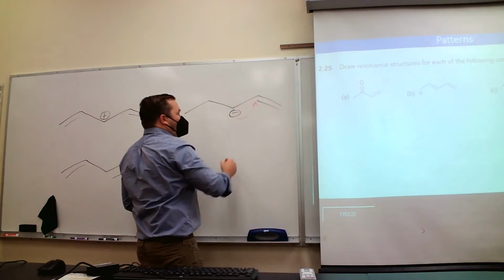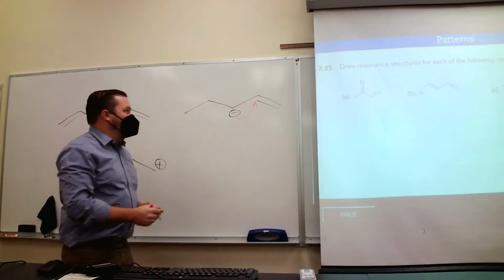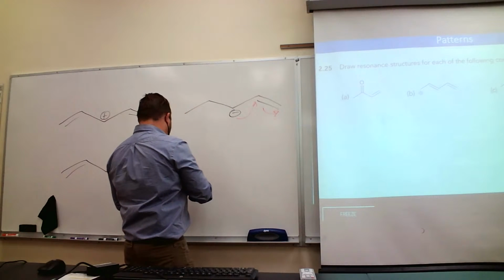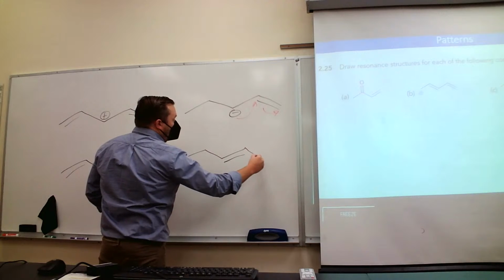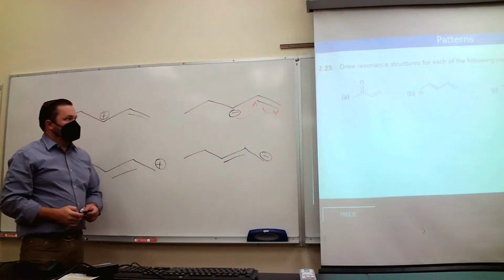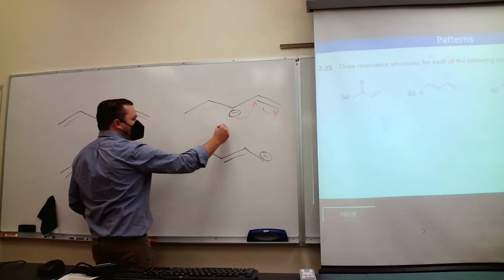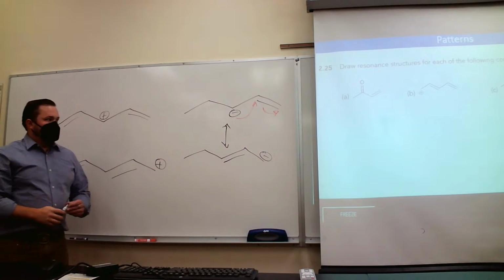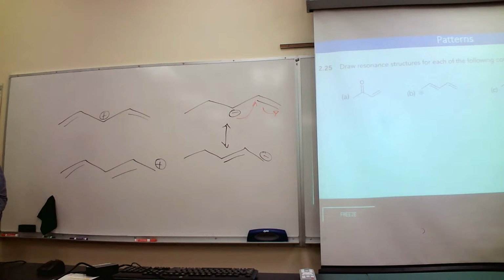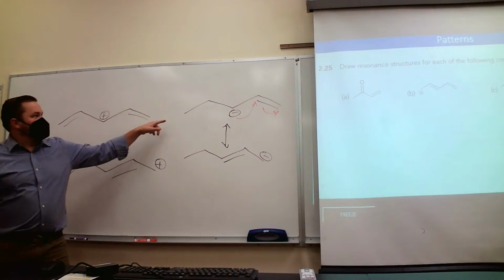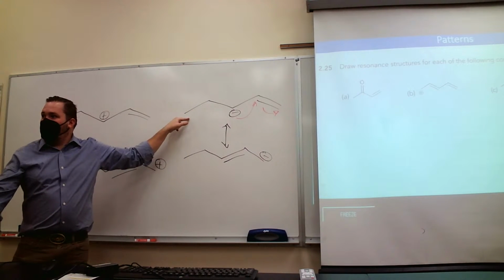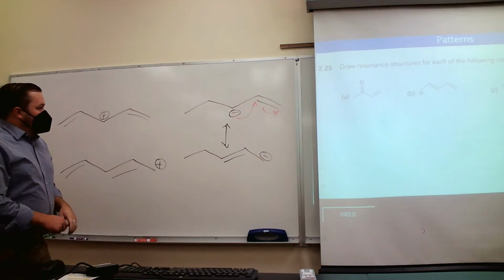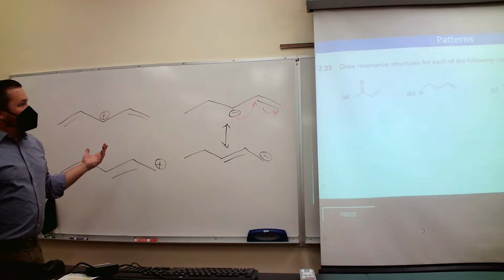You move the lone pair from the negative charge over and make room for it. That's about it, right? You can't move the negative charge the other direction because these carbons are both sp3, right? All sigma bonds means no resonance. So, not a whole lot we can do there.